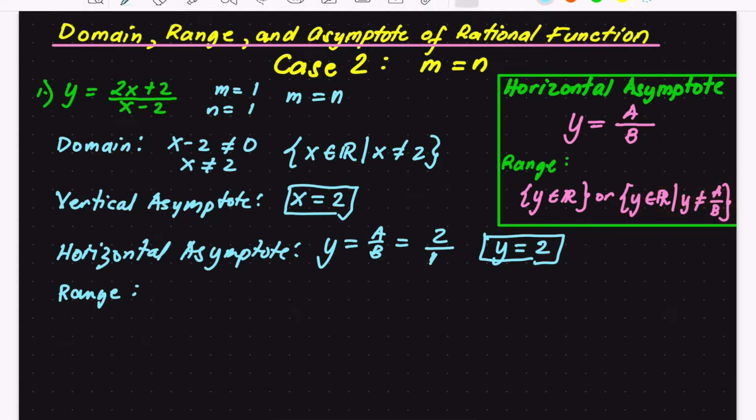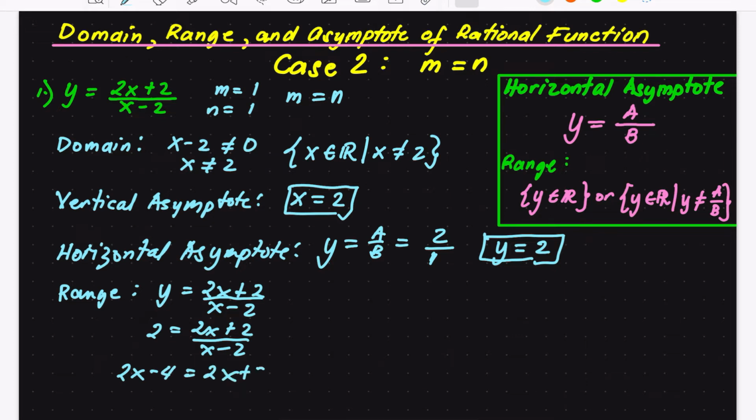So, we have y is equal to 2x plus 2 over x minus 2. So, we're going to let y is equal to 2. So, kung 2 is equal to 2x plus 2 over x minus 2. So, cross-multiply tayo sunod. Okay, so 2 times x minus 2, that is 2x minus 4 is equal to 2x plus 2.